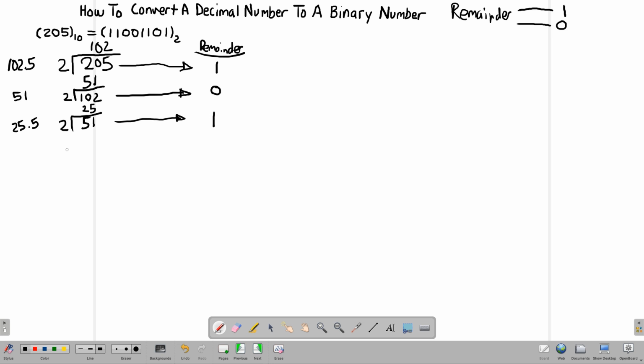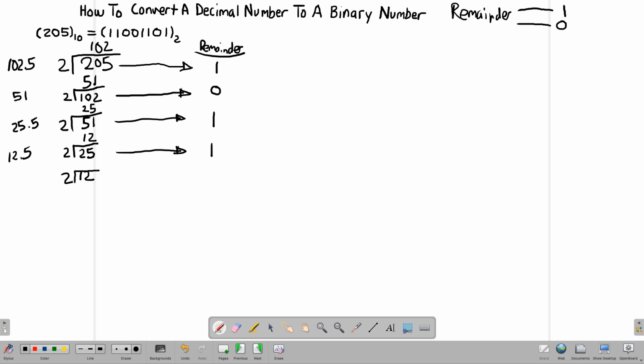All right, we continue. 2 divides into 25. 25 divided by 2, we get a value of 12.5. So this indicates that we have a remainder. So we put the integer portion here, 12, and then we indicate out here that we have a remainder. Next we have the value 12. So we divide 2 into 12.